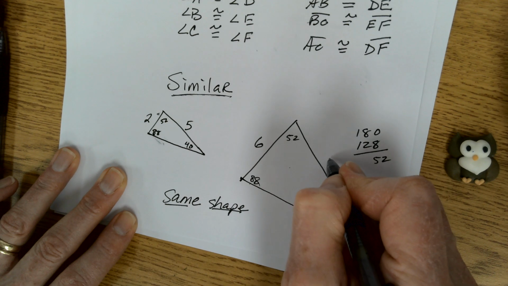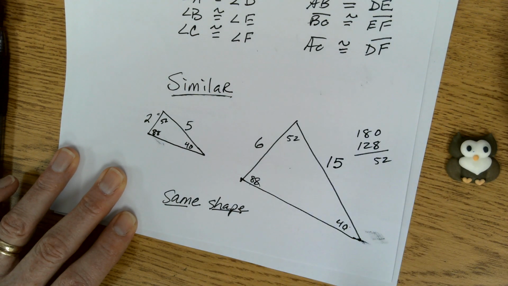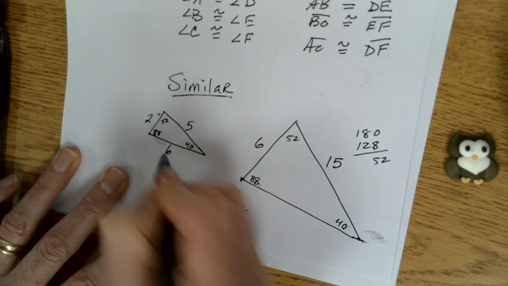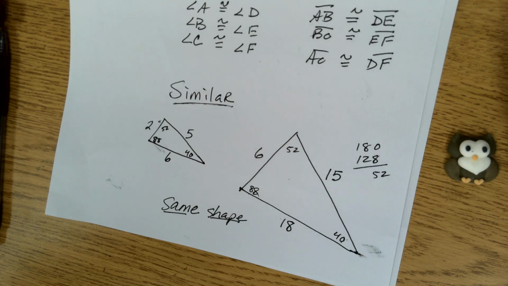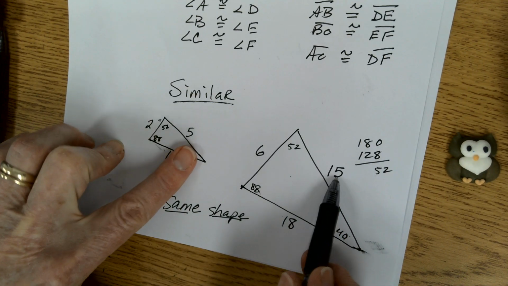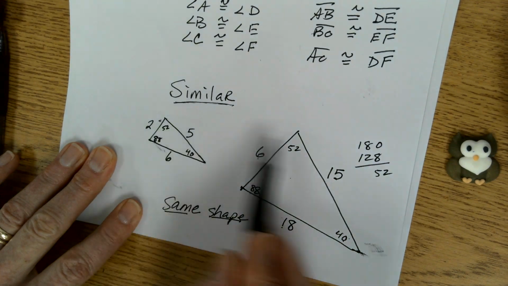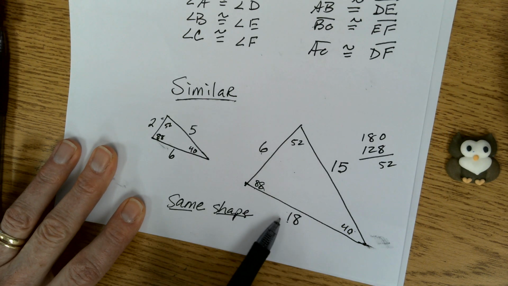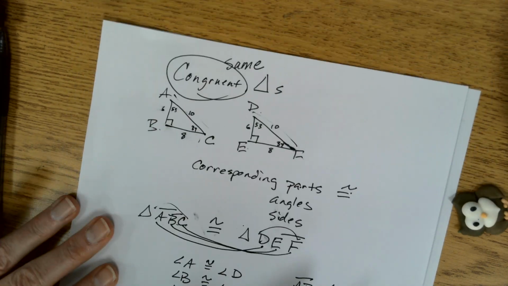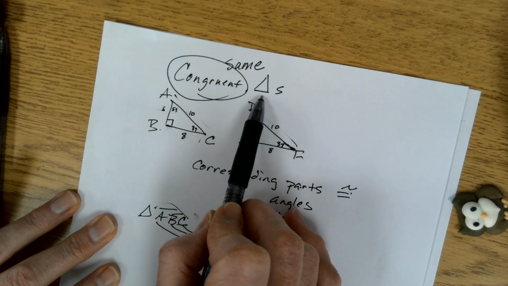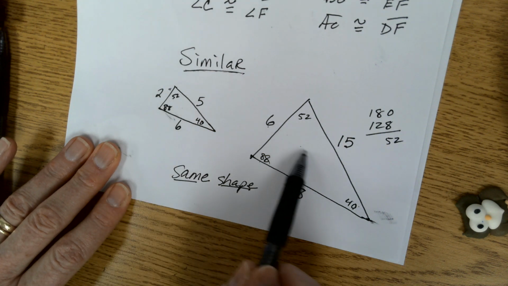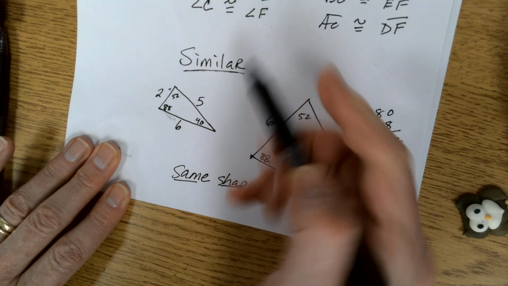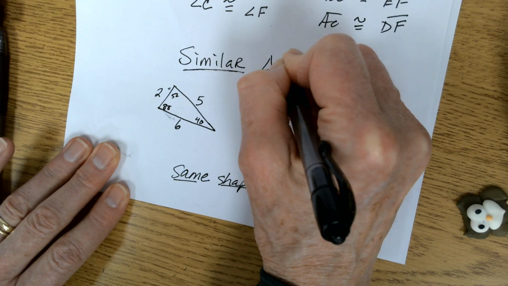So if this is 5, this would have to be 5 times 3, which is 15. If this side here is 6, then 6 times 3 is 18. All the sides have to have the same ratio, and the angles are the same. Now I'm going to go through this slow, but this is what we're doing today. First semester, we talked about congruent triangles. This semester, this chapter, we're going to do similar polygons, but I'm talking a lot about triangles.